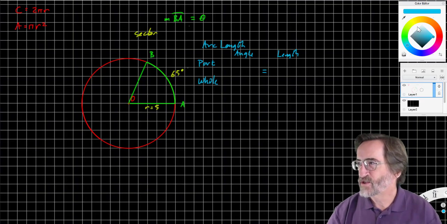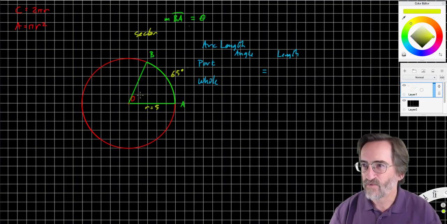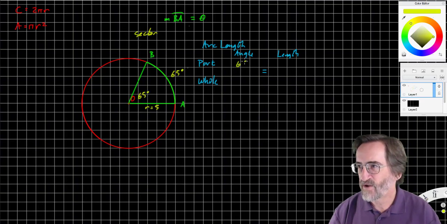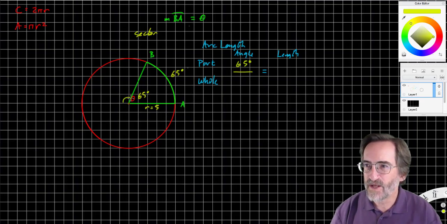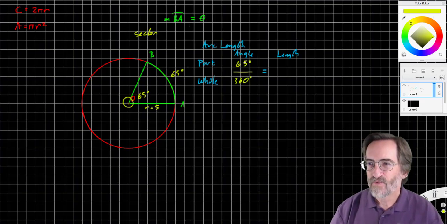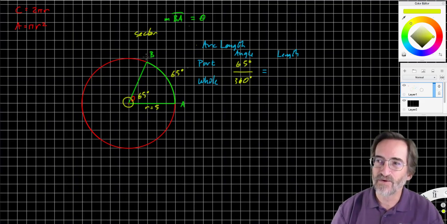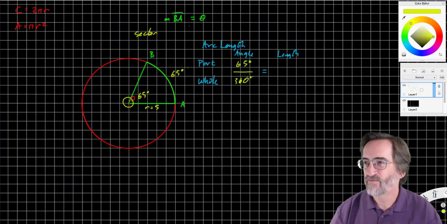So what is the part of the angle? Well, the part of the angle is 65 degrees. The whole of the angle is the angle it takes to go all the way around, which you know is 360. So part, the angle of the sector divided by the full angle of circling completely around, part over whole, equals length part.